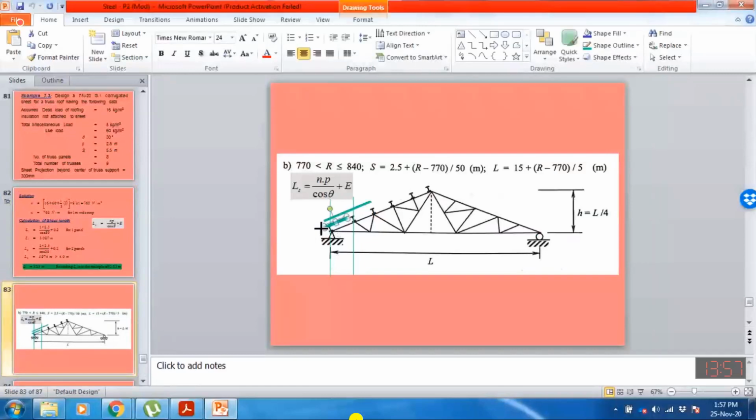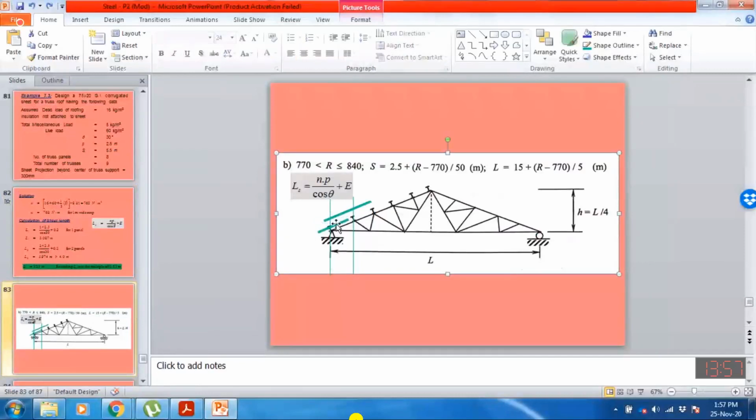In this panel, this is the end projection that we need to provide on one side. So we may have 1, 2 trusses, maybe 8, 9 trusses on the other side. So I want to compute the inclined area on one side.